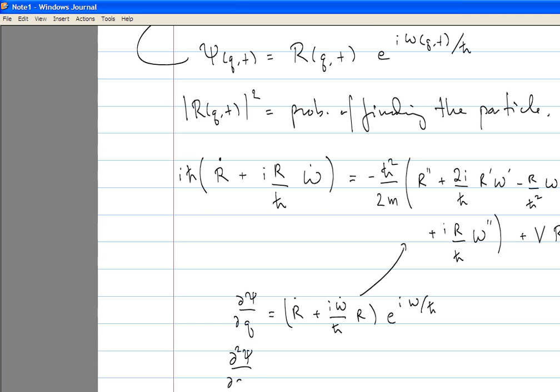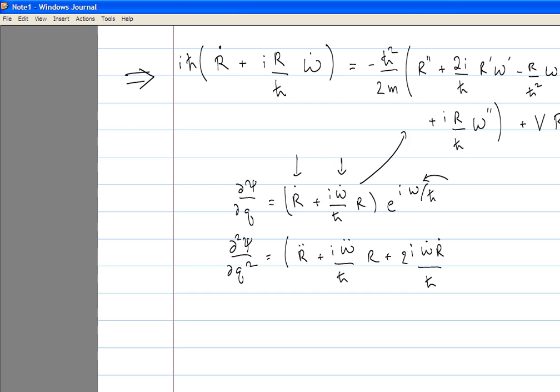There's an r double dot, an i w double dot over h bar r, an i w dot r dot over h bar, plus terms where you take the derivative here. When it multiplies by this term, you get a factor of 2, and then when it multiplies by this term, you get that term. Okay. So this is the Schrodinger equation, where we break up the wave function into the radial and the phase part.